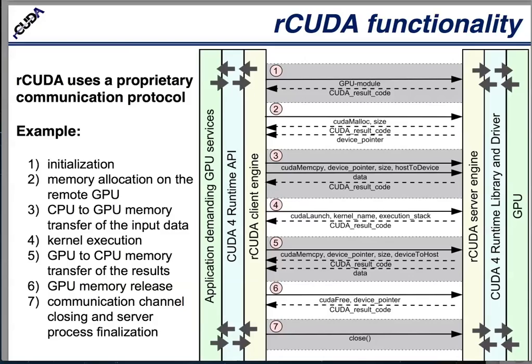So in the most common case, for each intercepted CUDA call, the client sends a message to the server, including a function identifier and the parameters of that function call, and the server sends back the CUDA result code and more data depending on the particular function, such as, for instance, cudaMalloc, which returns the result code followed by the device pointer of a newly allocated buffer.